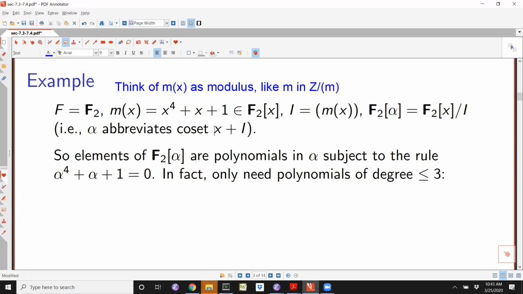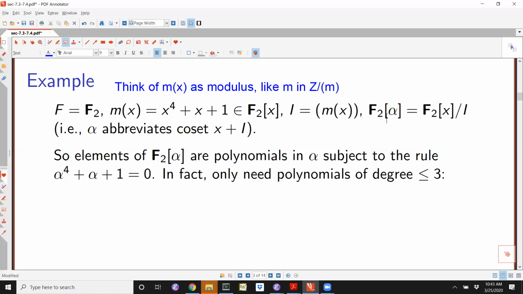Anyway, in terms of fussy, formal definitions, you take all polynomials with coefficients in F2 bracket x. We look at a single polynomial, M of x is x to the fourth plus x plus 1. We let I be the ideal of all multiples of M, so just M times any polynomial.